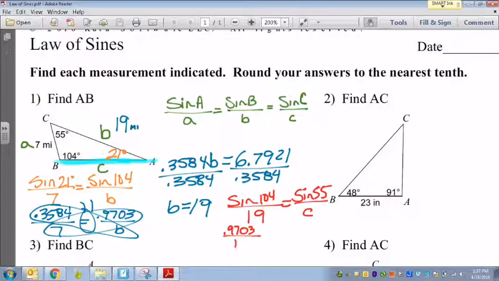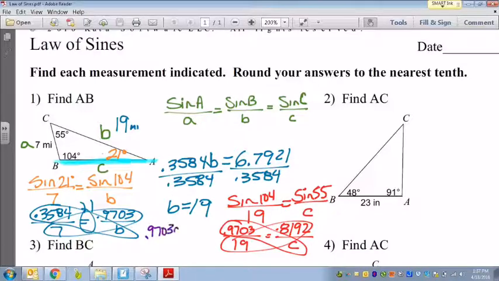All right, as we know, sine of 104 is 0.9703 over 19. Sine of 55 is 0.8192 over c. We will cross multiply. So it would be 0.9703c equals 0.8192 times 19, which is 15.5648.